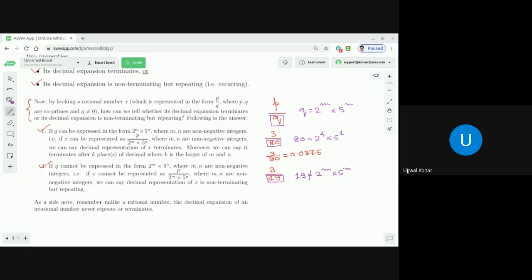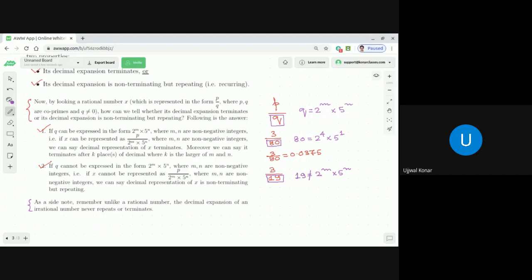Now, apart from rational numbers, there is another kind of number called an irrational number. What are irrational numbers? We'll touch base on that today, and then discuss its decimal expansion as well. As a side note, remember, unlike a rational number, the decimal expansion of an irrational number never repeats or terminates.